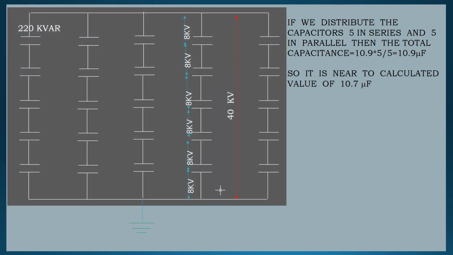Here the orientation of the capacitor bank has been shown, 5 in series and 5 in parallel. So the resultant capacitance, we know the formula, is 10.9 for 5 parallel into 5 and for 5 series divided by 5. So it is coming around 10.9 and our calculated value is 10.7. So it is close to that.